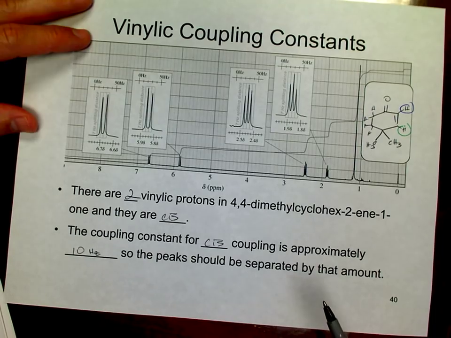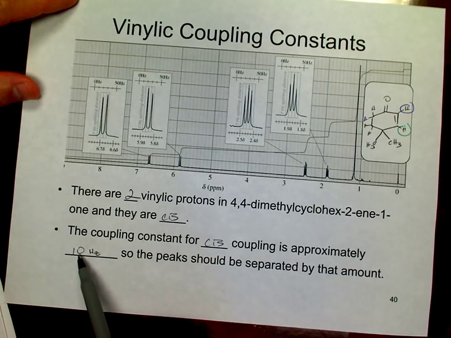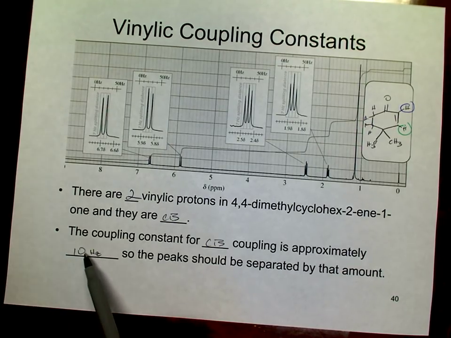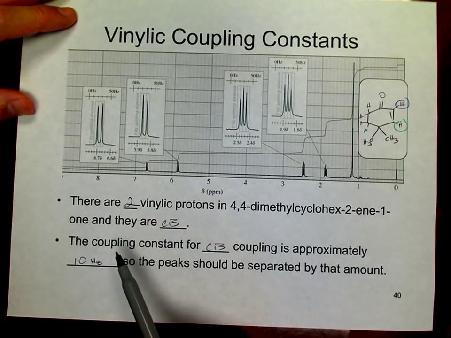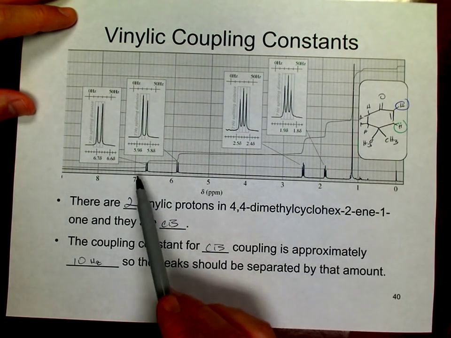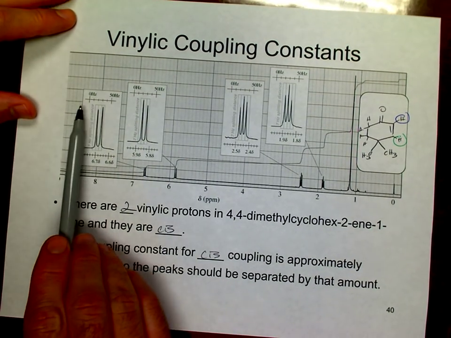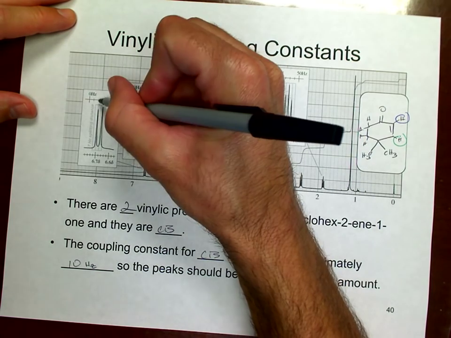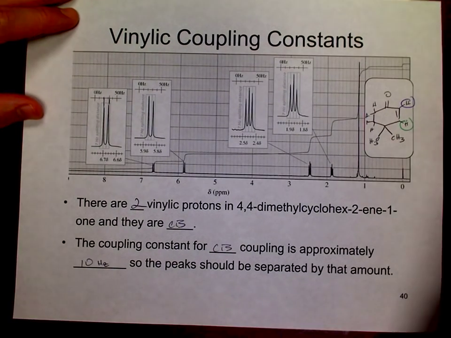You would expect to see 10 hertz. The range is somewhere between 6 and 12. 10 hertz falls within that range, and so you would expect a split about this wide. That would be normal, and you can see these two signals were representing these two protons. Okay, and you can see the little blow up here that they are right around 10 hertz wide.